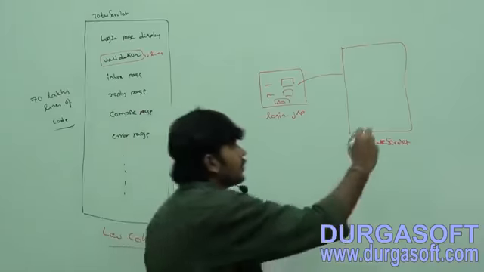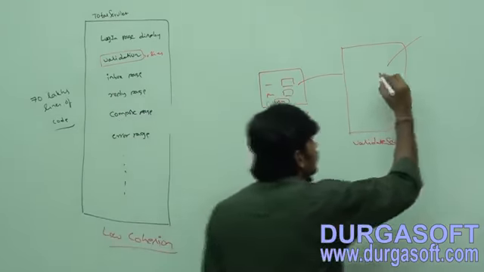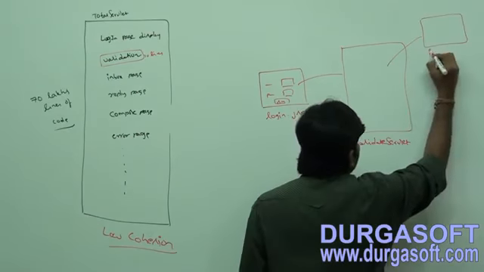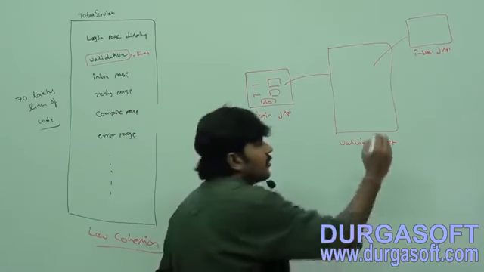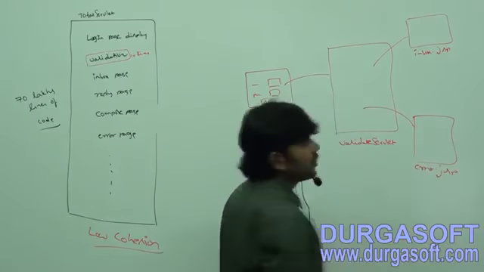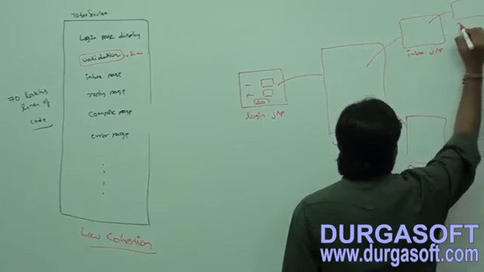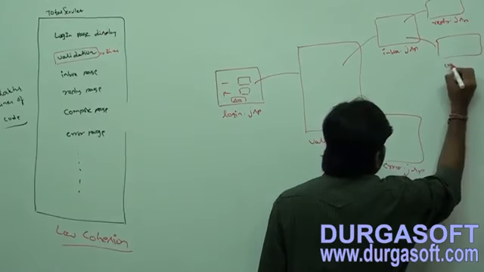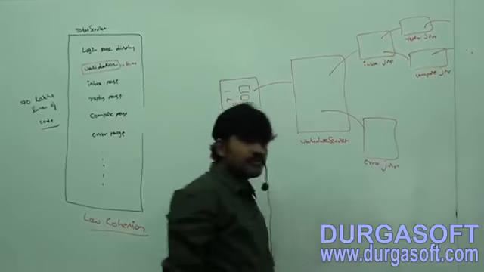In the validate servlet, if it is a success, display inbox.jsp. If the credentials are wrong, then automatically display error.jsp. Next, from the inbox, if I click, reply.jsp, compose.jsp, and like that.